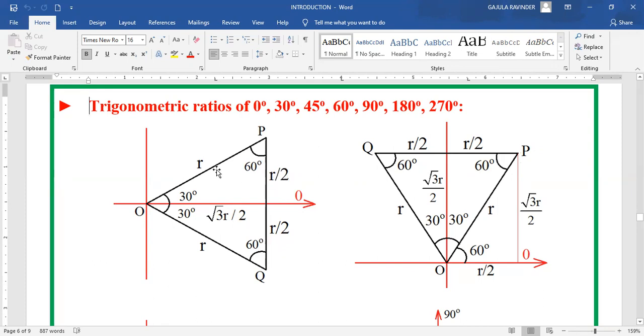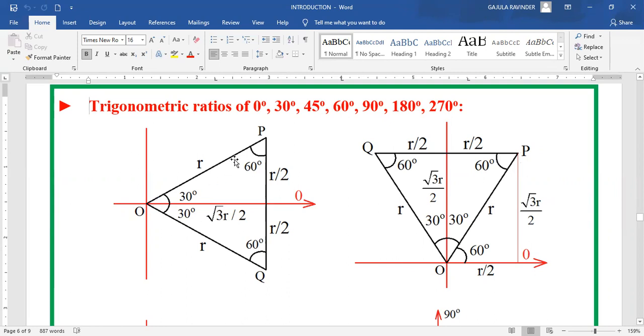So when this is R by 2 and this is R, from the Pythagoras theorem on a right angle triangle, this side can be taken as root over R square minus R by 2 square, so that this side becomes root 3 R by 2.